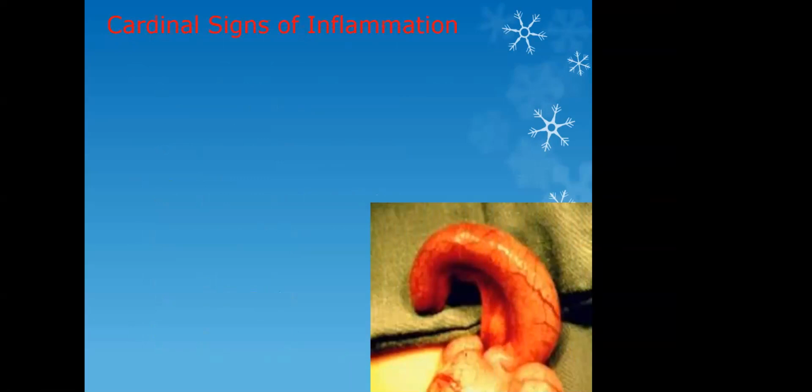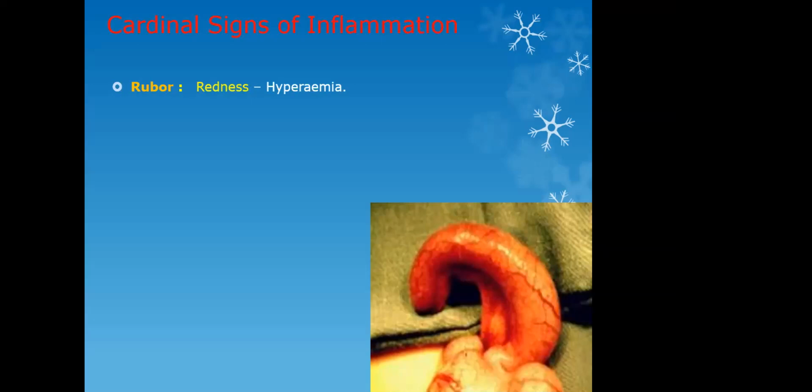Okay, then there are specific cardinal signs of inflammation. Remember, these cardinal signs you will only see in acute inflammation, not in the chronic one. What are those? Number one, rubor. Rubor means redness.